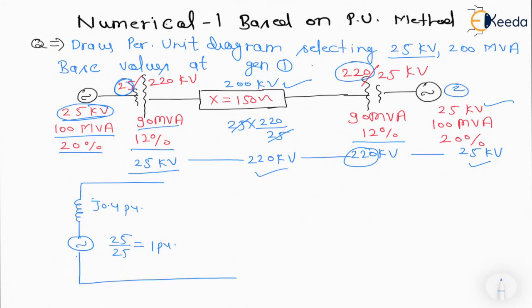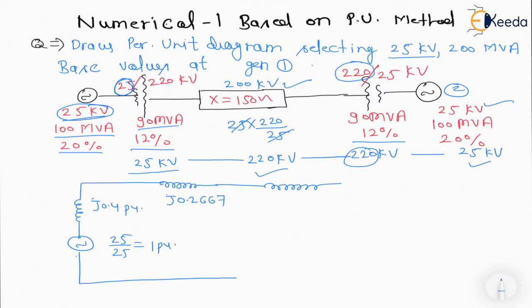For the transformer, we can represent it either on the LV side or the HV side, it will be the same: j0.2667 per unit as we calculated.